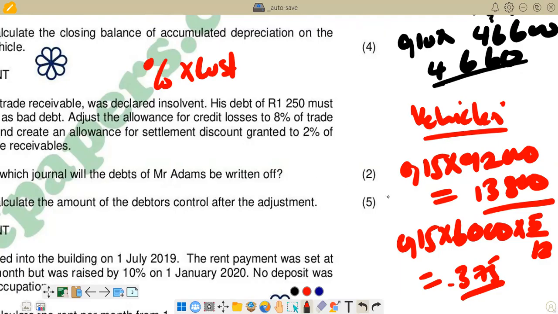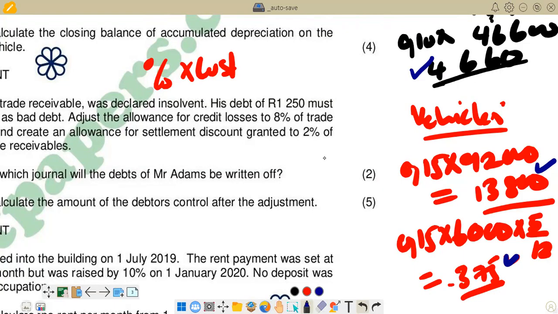So the question wants total depreciation. So we are adding this figure, and then we add this one, and then we add this one that we got there for equipment to get the total depreciation.